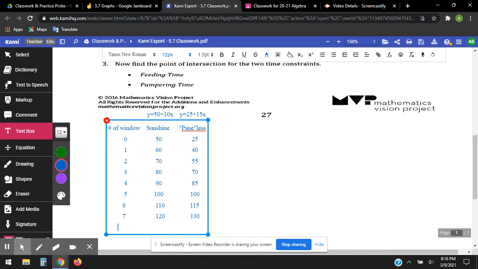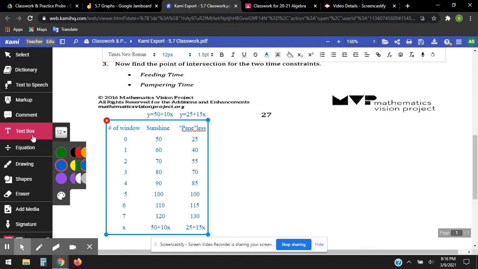So if we were to do our x windows, then we get what we have above: 50 plus 10x, our equation, and this one will be 25 plus 15x.